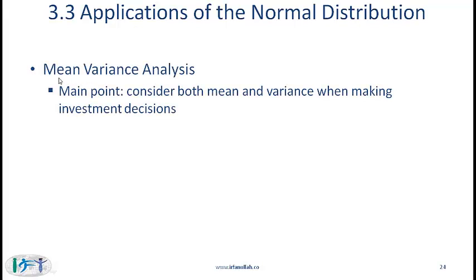One is mean variance analysis, and the main point here is that when you evaluate a given stock or you are considering an investment decision, you need to think about both the mean or the expected return as well as the variance, which essentially talks about the risk of that particular investment. So when we say mean variance analysis, it simply means that we look at the mean return as well as the variance of the returns before making a decision.